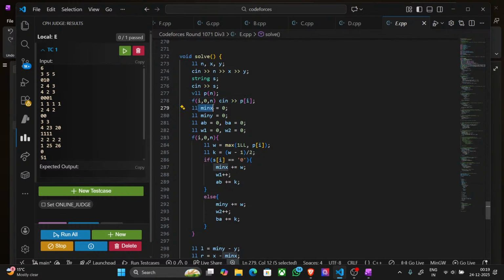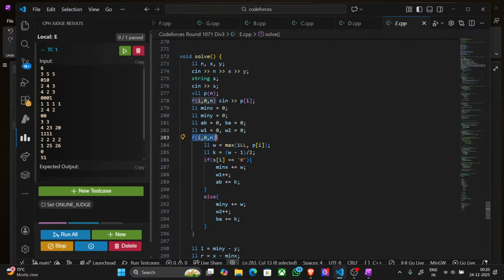I have taken the minimum x and minimum y as currently 0, AB where A is greater than B, BA where B is greater than A. W1 is how many first places I have placed. W2 is how many second places I have placed. Wins is total number of wins. If you see the question, it is total number of wins for A, total number of wins for B.